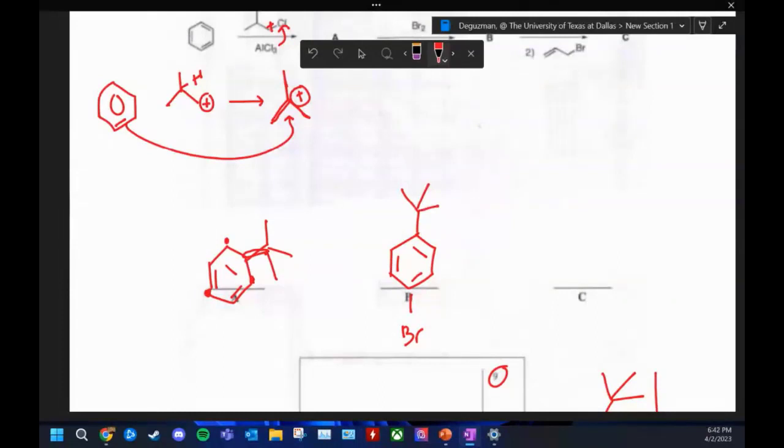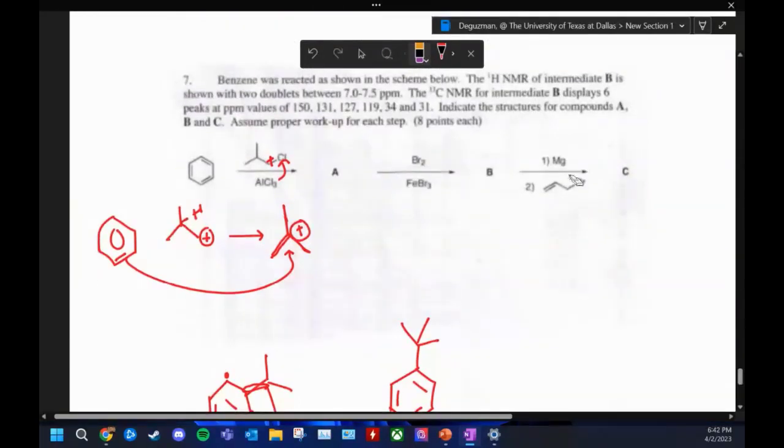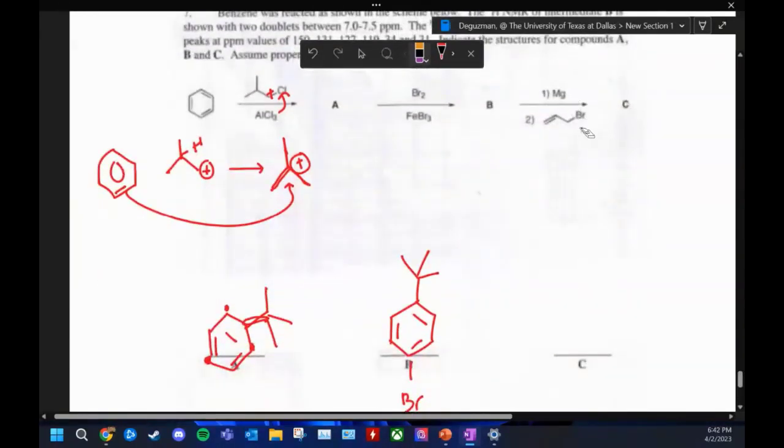Br and T-butyl. Okay, and then the last part. It looks like we're adding Mg and then an alkene with a bromine attached to it.